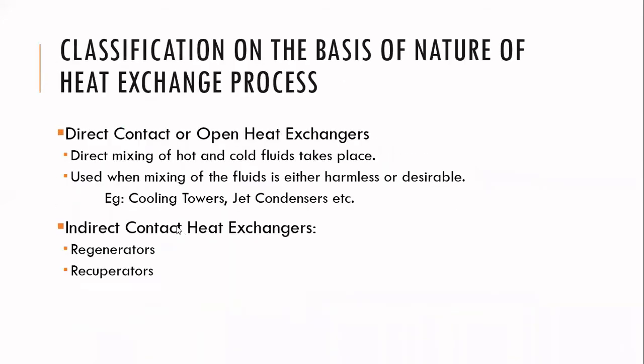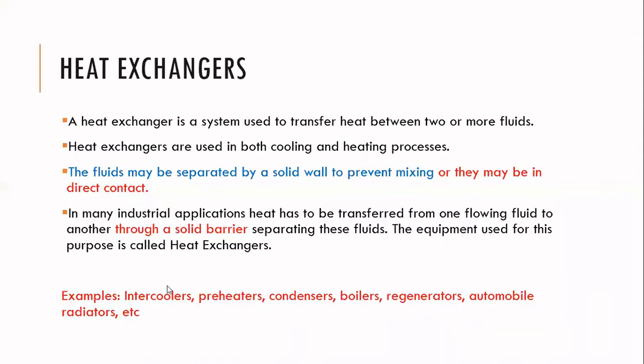Now, different cases where heat exchangers are used. Intercoolers, preheaters, condensers, boilers: these are different terms which you might have studied in power plants, or maybe in refrigeration cycles. You might have studied intercooling and the Rankine cycle with preheating.